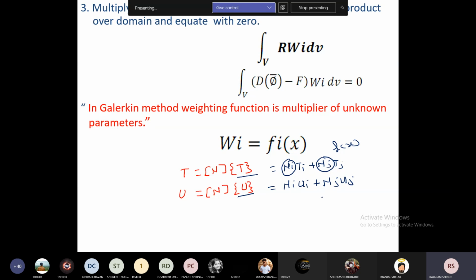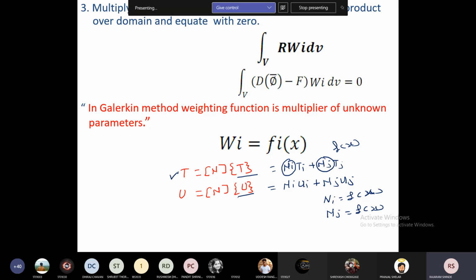Ni is a function of x. Nj is also a function of x. Now see here, this is your trial solution. This is your approximate, assumed polynomial.